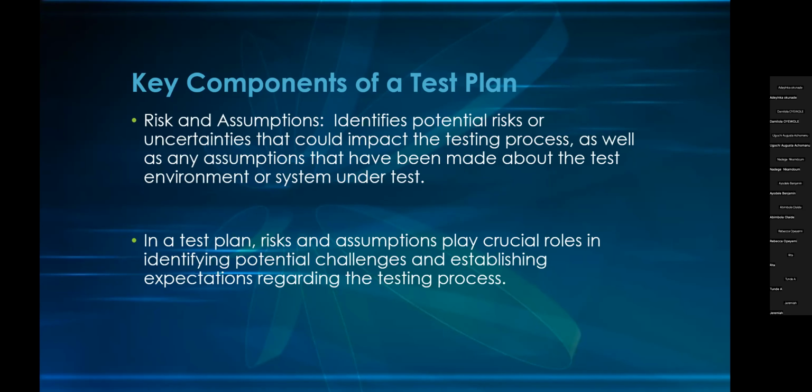Like, as I said, you need to have a plan B. So these things need to be documented. Any plan B you have, which is your contingency plan, needs to be documented. And you need to minimize the impact of any uncertainties on the testing effort, ultimately improving the likelihood of a successful project delivery.